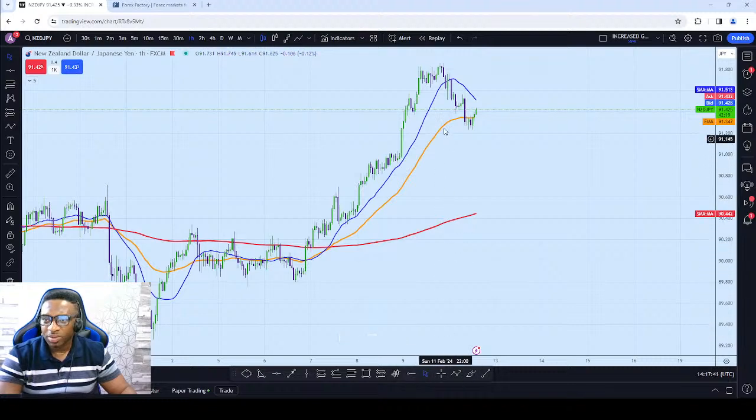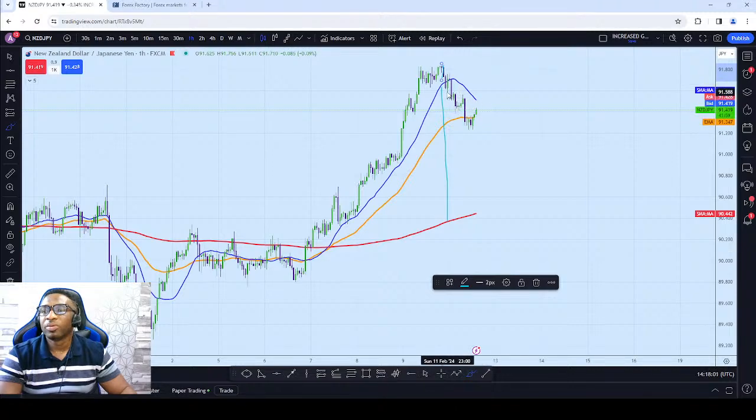So I wouldn't consider buying here. What I would consider doing is selling. We are in a very wide state. So as price is below here, we consider selling.